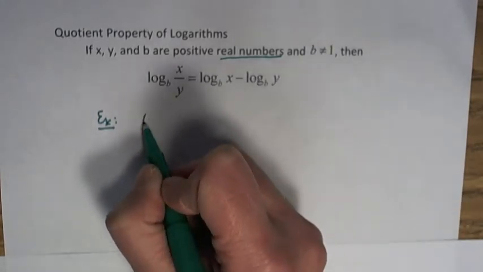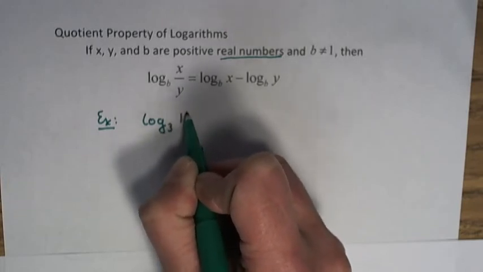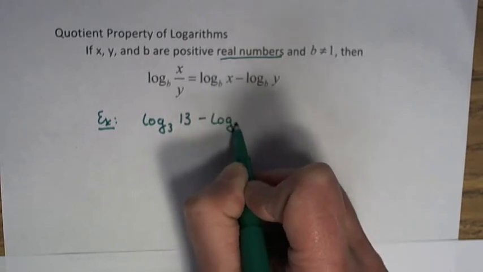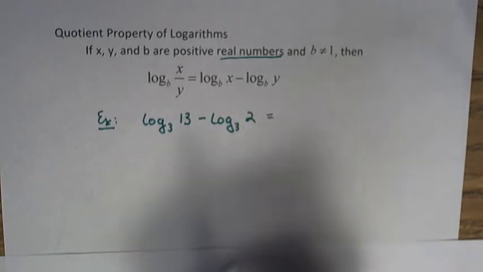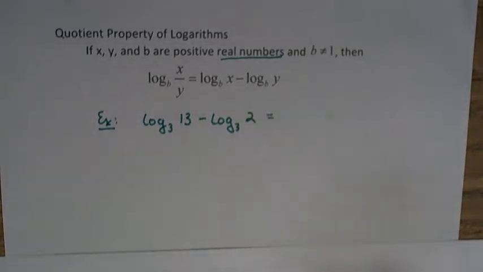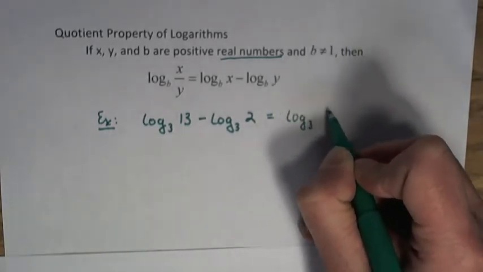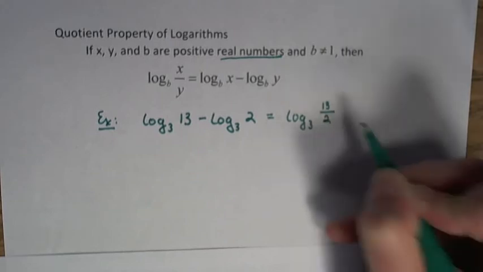So let's try just a pretty standard one here. Log base 3 of 13 minus log base 3 of 2. Well, this one doesn't give us too much exciting information, but we can use this to actually get log base 3 of 13 divided by 2.